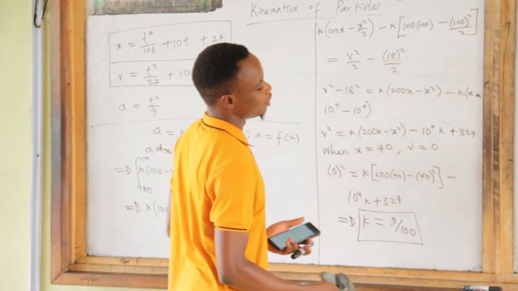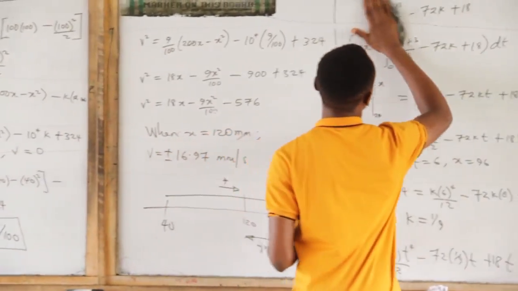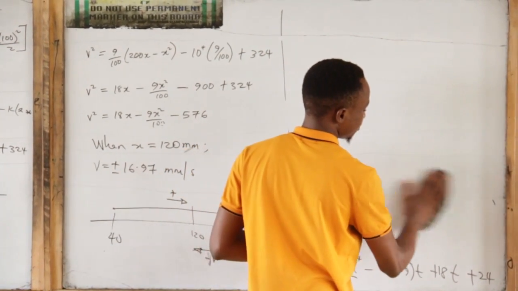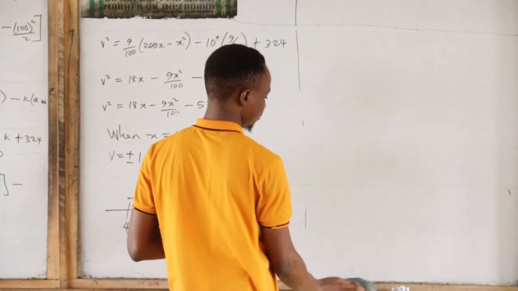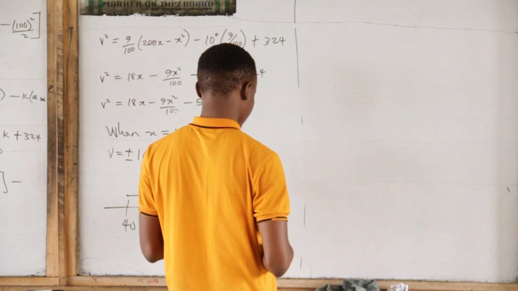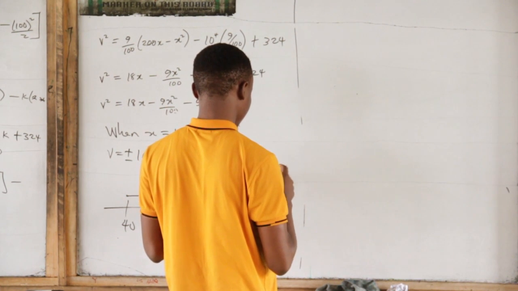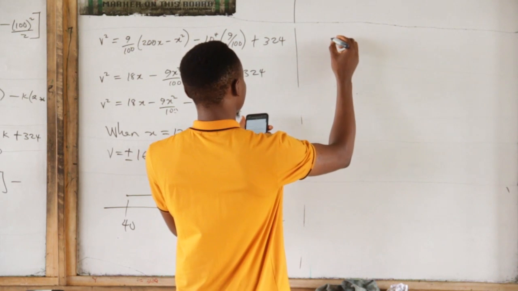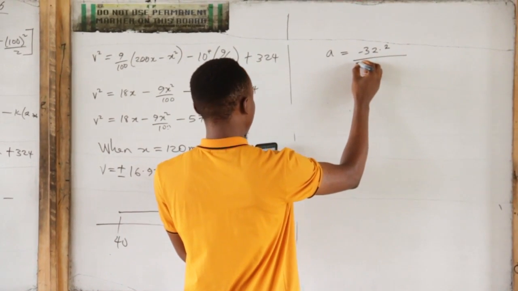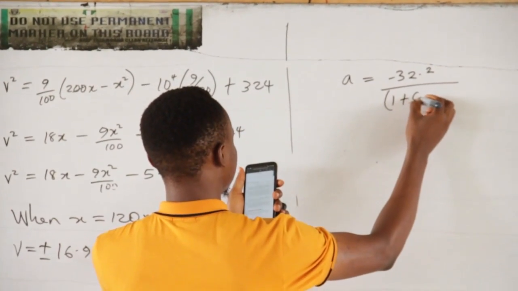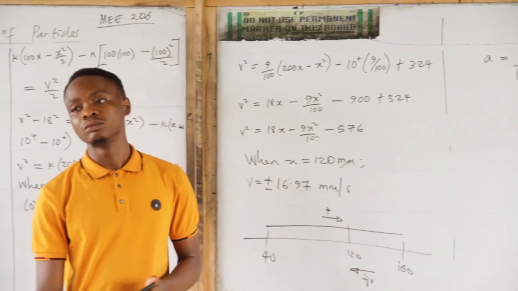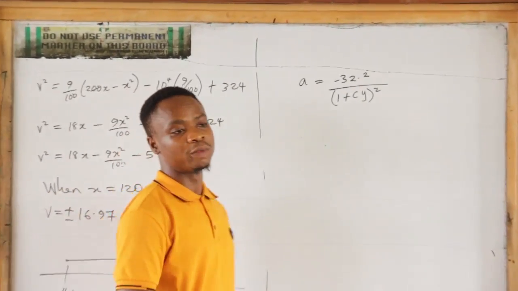You are unnecessarily confused because of the numbers. If you calculate it as 10 to the power 6 over 20.9, then a is equal to minus 32.2 over 1 plus y over 20.9, all squared.